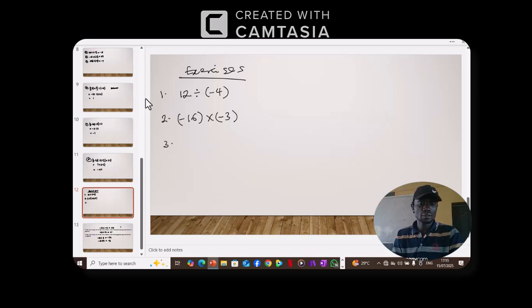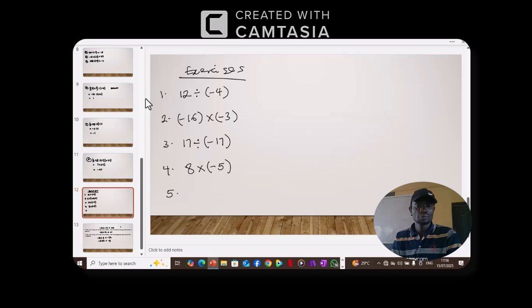Number 3 is 17 divided by minus 17. Number 4, let's have 8 times minus 5.